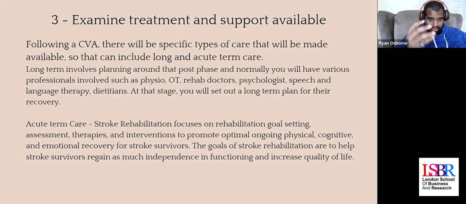So you may see a physiotherapist, an occupational therapist, a rehab doctor, a psychologist, speech and language therapy, and a dietitian. Now there's a lot of people in that particular section. Now we can break them down.